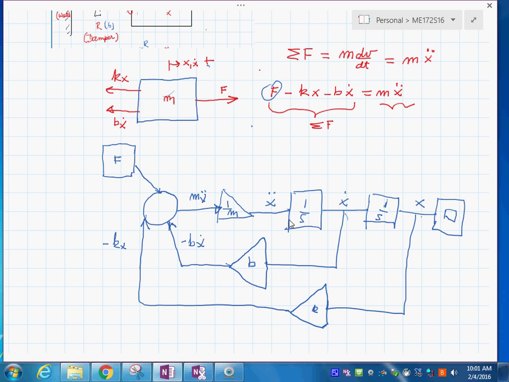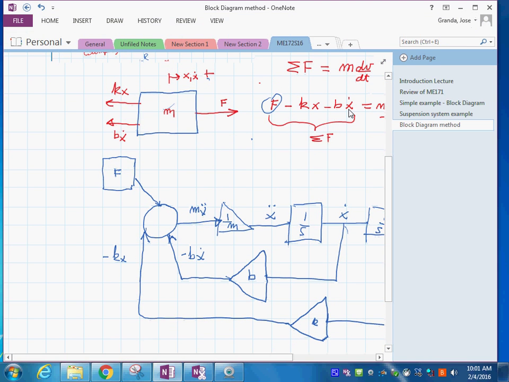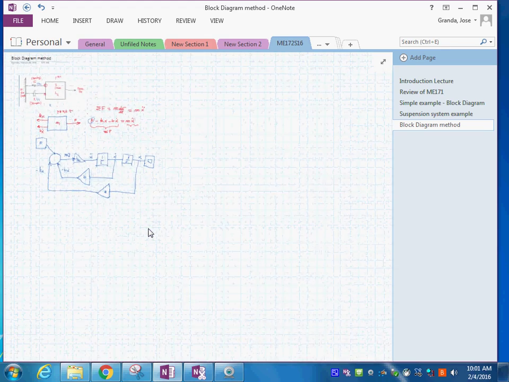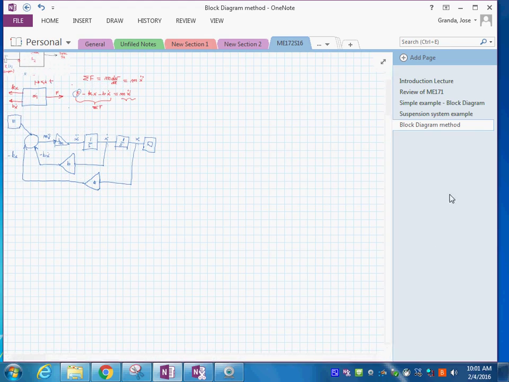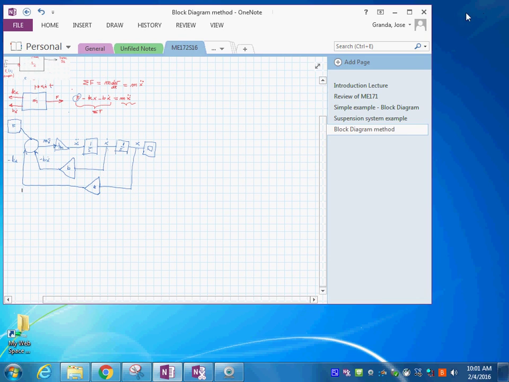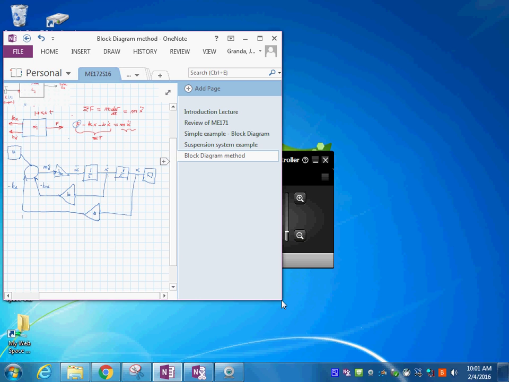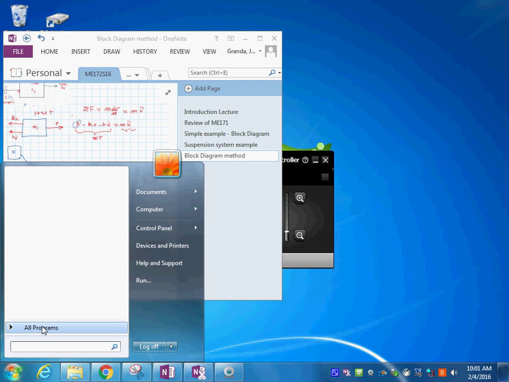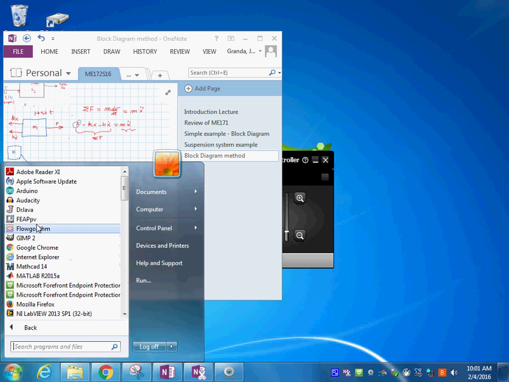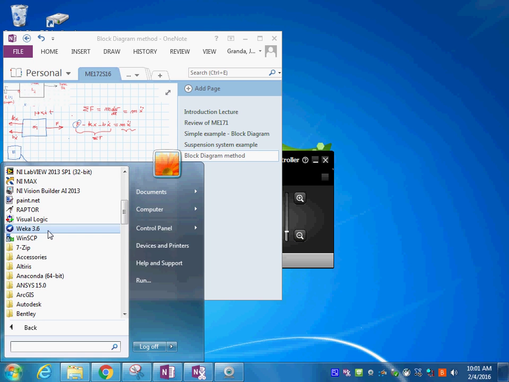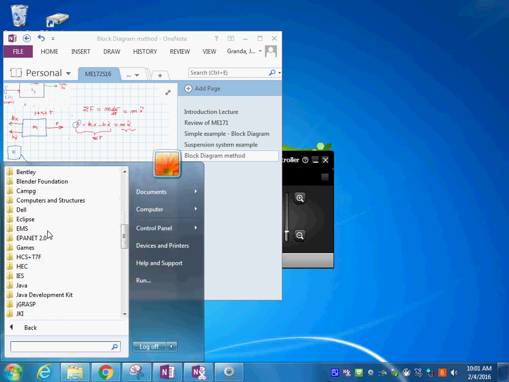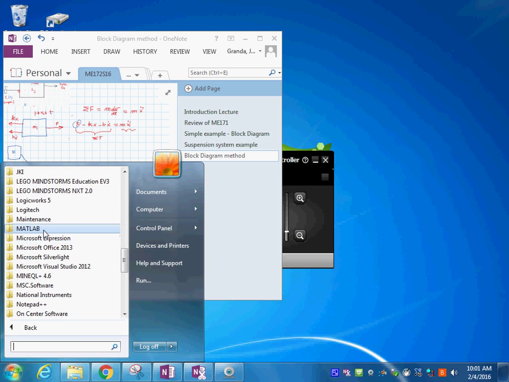So I suggest we go into Simulink. I'm going to reduce the model window so that we can actually work with Simulink. Let's start MATLAB. Where's MATLAB? Right here.